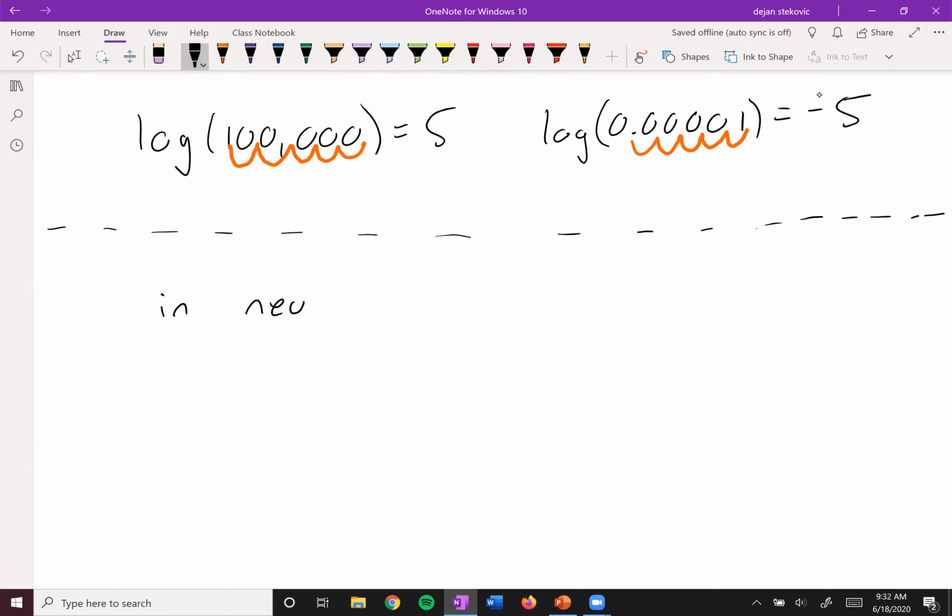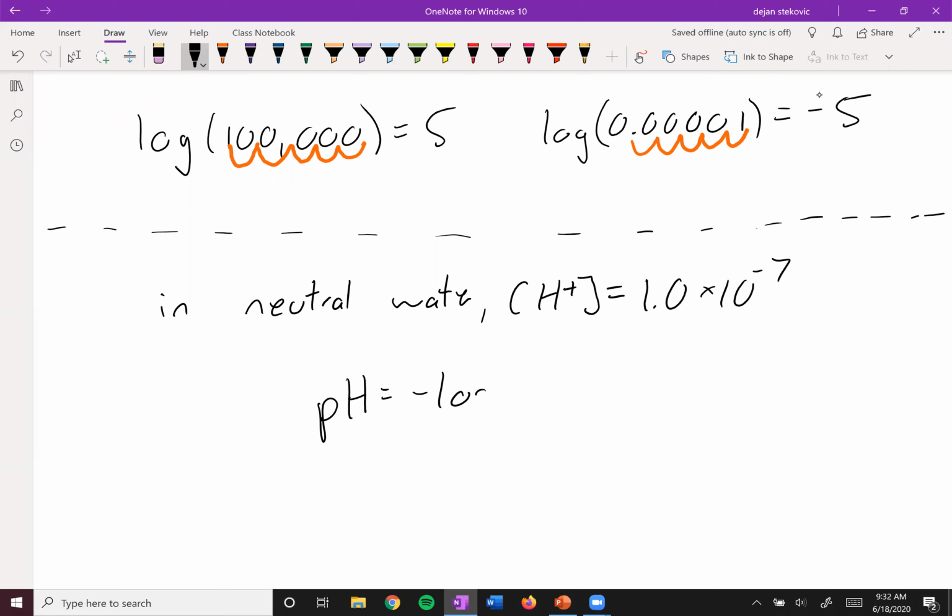So let's go back to neutral water. The concentration of H plus in neutral water, we saw last time, is equal to the concentration of hydroxide, and multiplied by each other it has to be 1 times 10 to the -14. So in neutral water, they're both 1 times 10 to the -7, right? And we just learned that pH is equal to the negative log of H plus. So when we're talking about neutral water, we can plug this number in here.